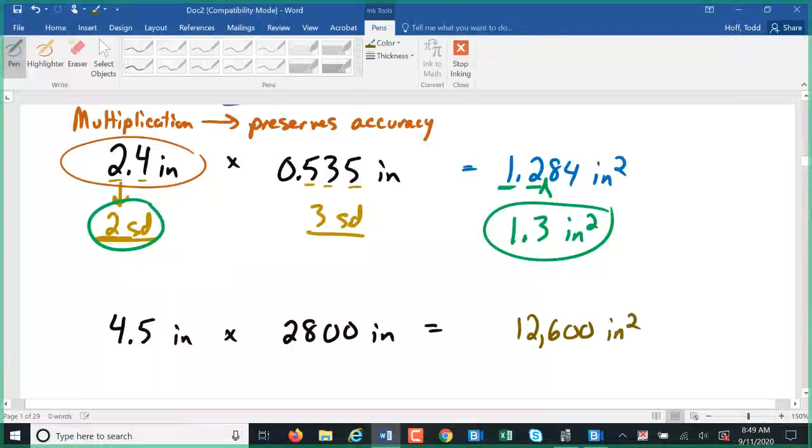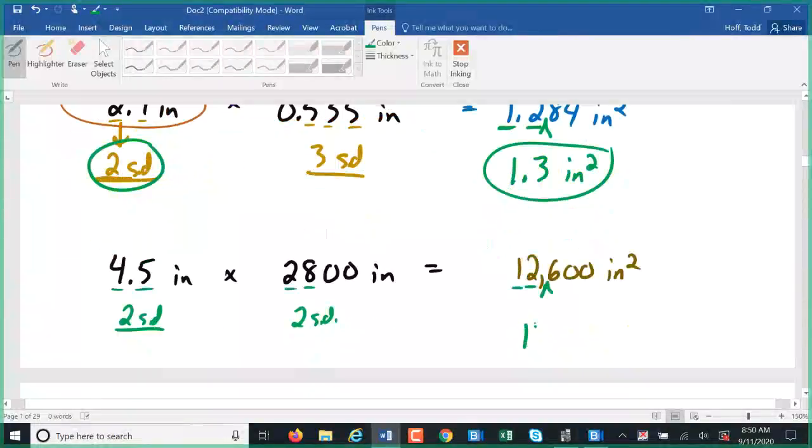Now again, this has 2 significant digits. This actually only has 2 significant digits. So we round our answer, starting at the beginning, to 2 significant digits. We're going to round it right there. So this rounds to 12,000 square inches.